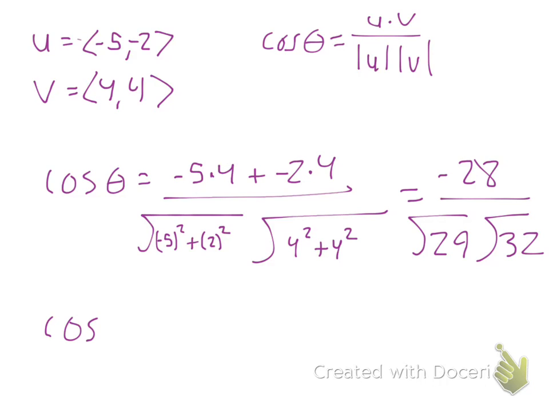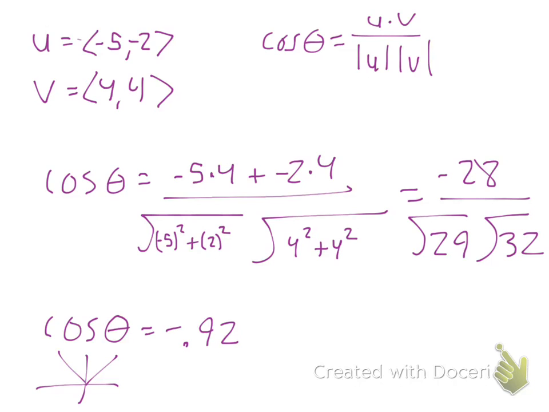It ends up being cosine theta is equal to negative 0.91, or about negative 0.92 with rounding. Is that an acceptable range for a cosine? Yes. Remember, inverse cosine gives the first quadrant or the second quadrant.